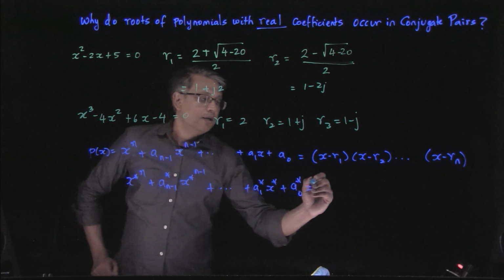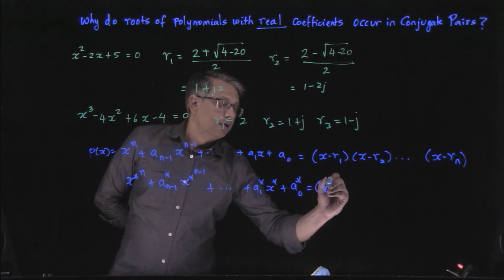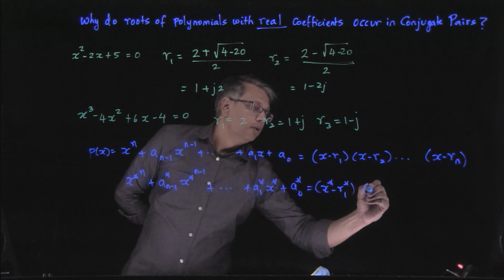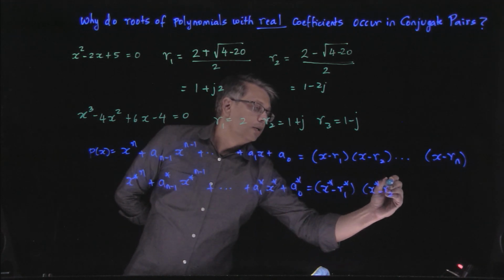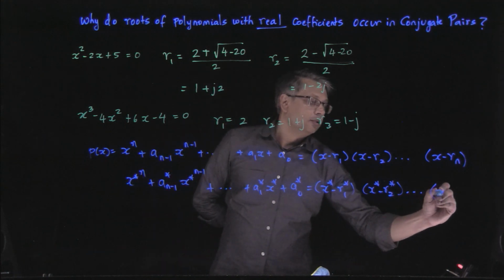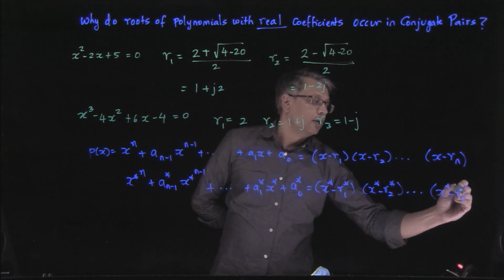On the right hand side, we're going to get x conjugate minus r1 conjugate, x conjugate minus r2 conjugate, so on and so forth until x conjugate minus rn conjugate.